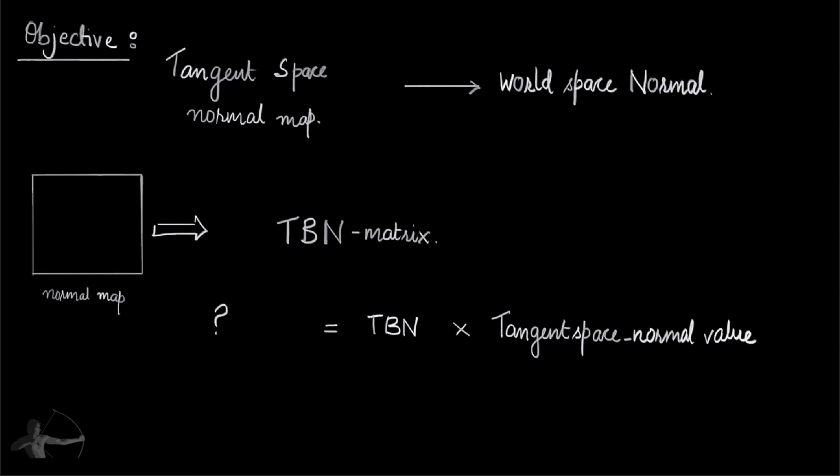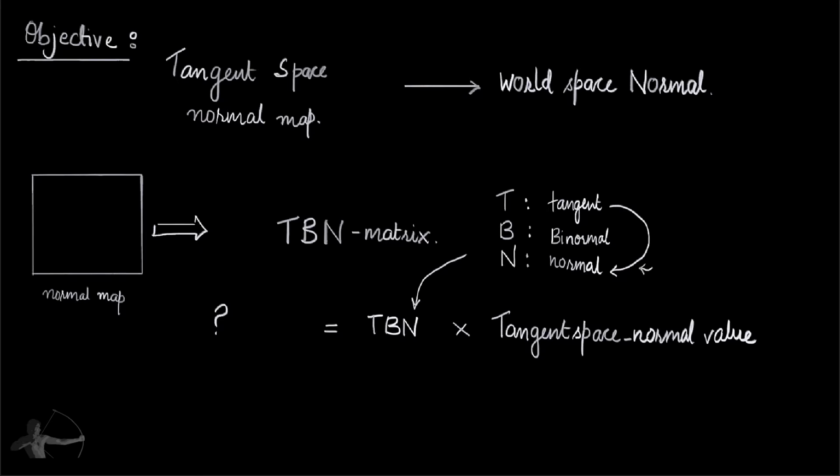And the answer is hidden inside the TBN matrix. So we know that the TBN matrix is composed of tangent, binormal, and normal. The tangent is the tangent to the normal, and the binormal is the cross product of tangent and the normal.